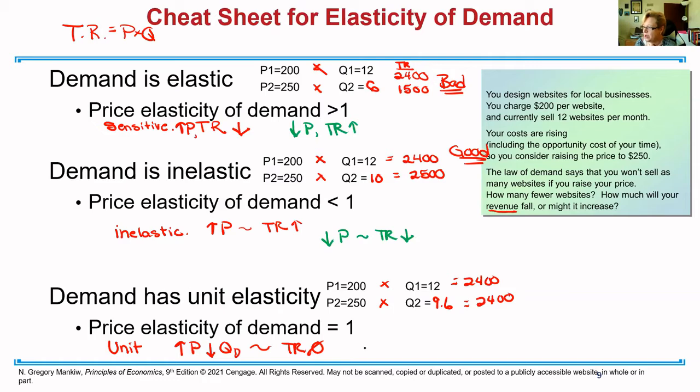And the last one, total revenue would remain the same because we would have exactly the opposite effect. Okay, so now you can see why this becomes important to businesses.